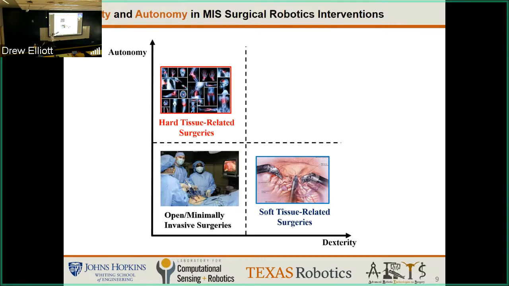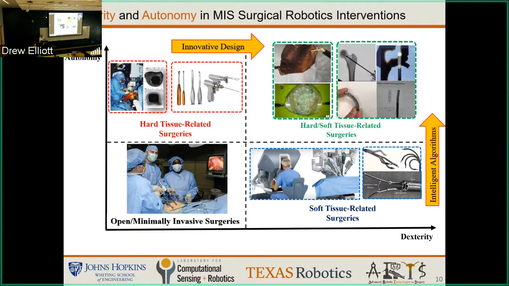And this quadrant is just traditional low autonomy, low dexterity. What the perspective of my lab is, is that the ideal quadrant is the top right: highly dexterous robots together with intelligent algorithms that bring autonomy to different sorts of surgery. Today I just want to focus on autonomy, having algorithms that can work on deformable tissues and deformable robots.